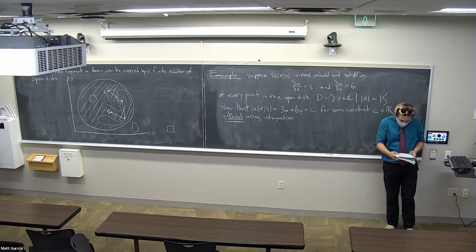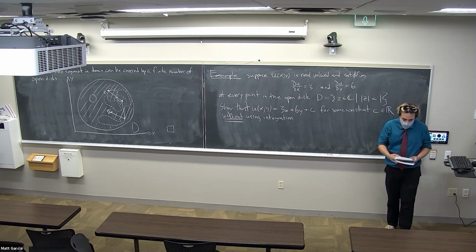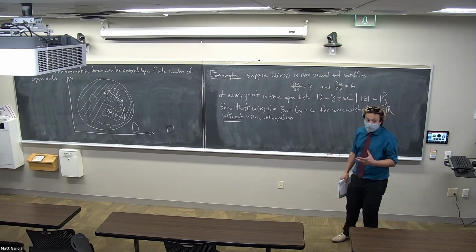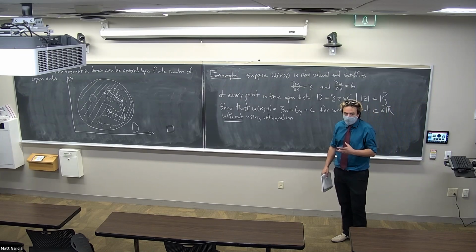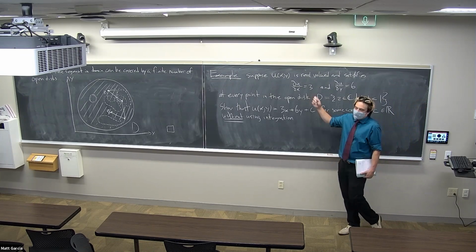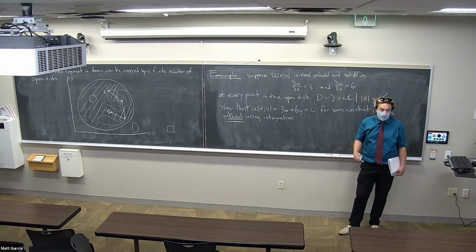Well, I'll give you a hint. What we're going to do is use the linearity of a partial differential operator. That is to say, if we take the partial derivative with respect to x of some sum of functions, that's equal to the partial derivative of each function added together, right?